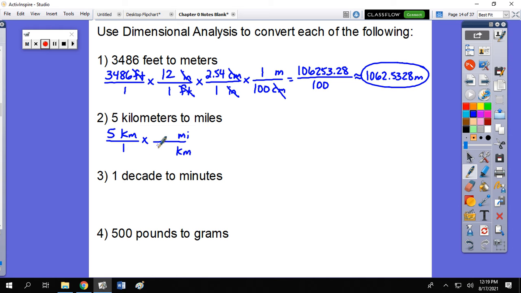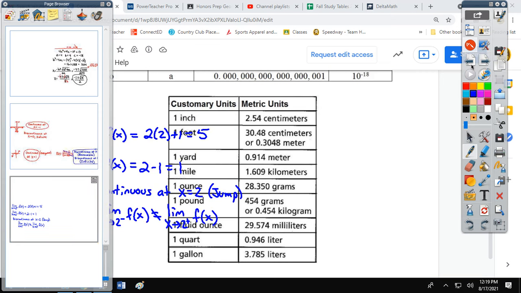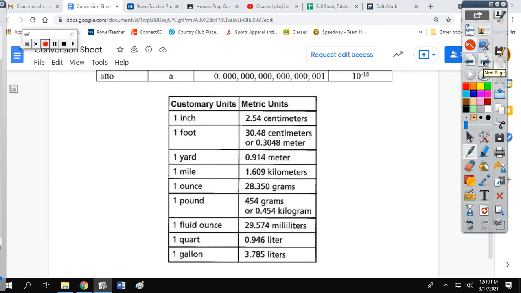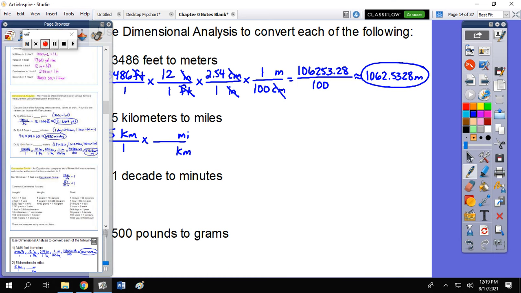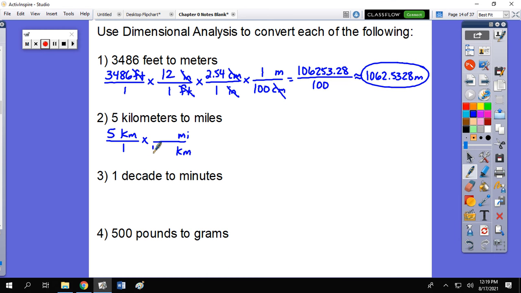again, that conversion was 1.609 kilometers is equivalent to 1 mile. 1.609 is equivalent to 1. So we're really looking at, because kilometers would cancel and we'd be in miles, 5 times 1 is 5 divided by 1.609.